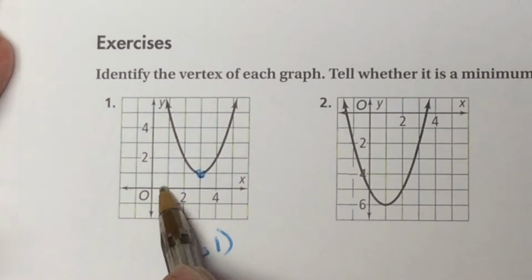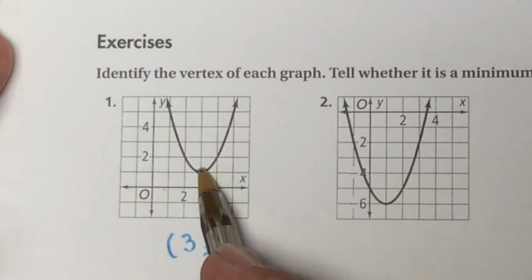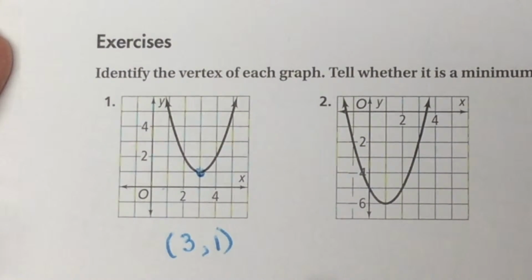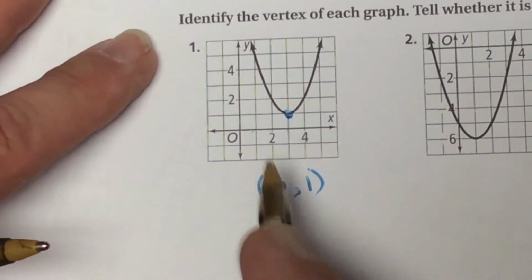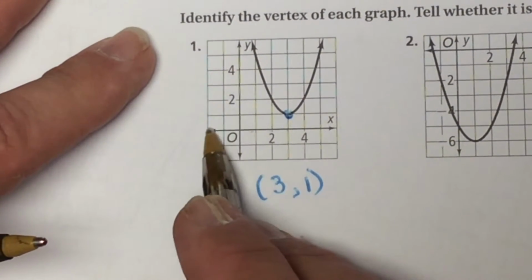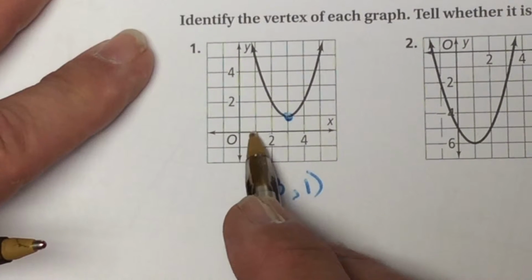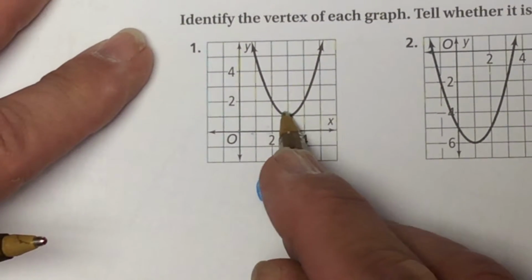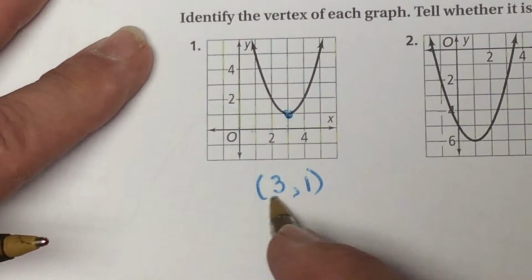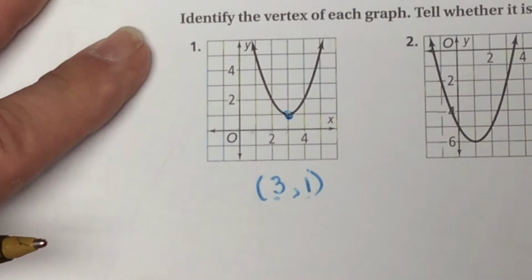Right? 1, 2, 3, 1. Okay, you guys remember that, right? Sure. First you do the x-axis and count 1, 2, 3, and then you figure out how high it is. It's 1. So this is the x value, and this is the y value.